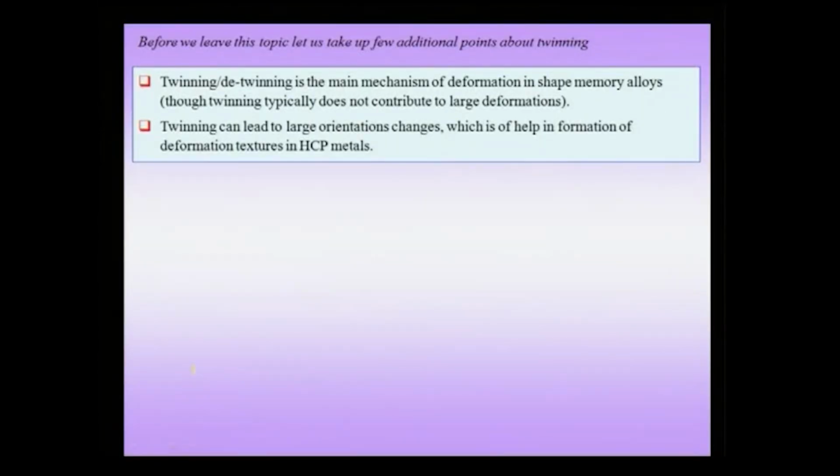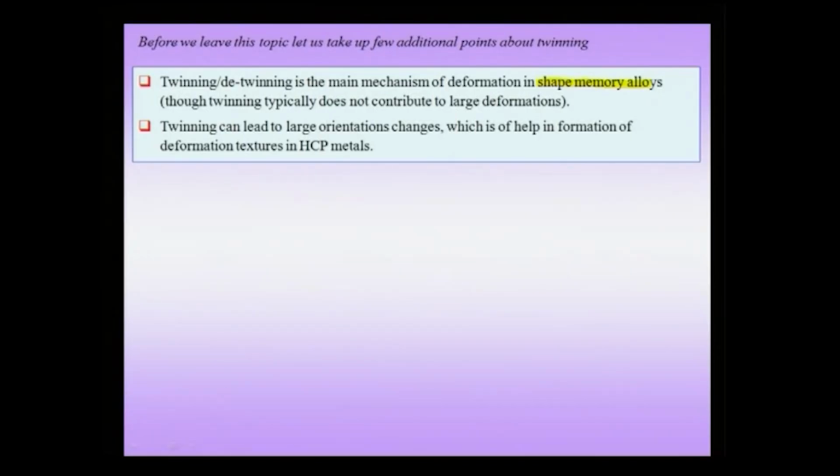We had seen the importance of twinning in the context of plastic deformation, especially at low temperatures and high strain rates. Before we leave this topic of twinning, let us take up a few additional points. Twinning and detwinning is the main mechanism of deformation in shape memory alloys, and as you know, shape memory alloys nowadays have been investigated for very important applications in diverse fields, including biomedical applications.